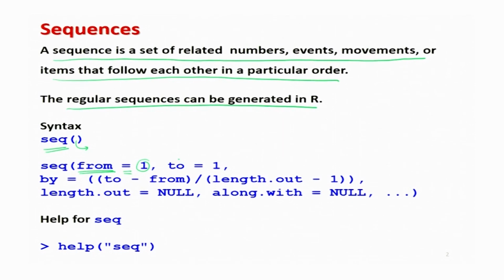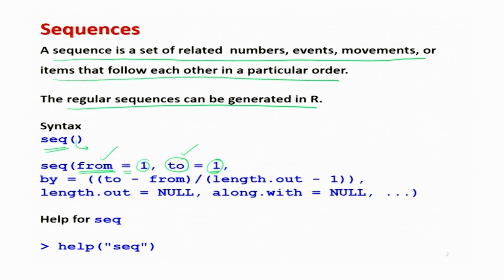That can be controlled by this option, to. And you write to is equal to whatever value you want. Here I am writing 1, but you can choose anything. So, this from and to are going to control the starting and end point of the sequence.